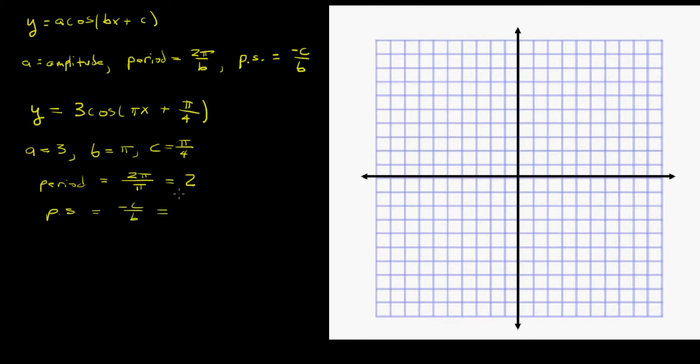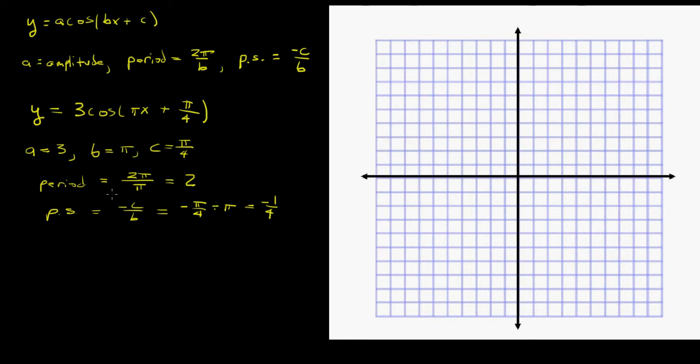In this case, c is pi over 4, so we'd have minus pi over 4 divided by b, which is pi. So negative 1/4. So that all works fine, and that'll give us the information we need to make the graph.